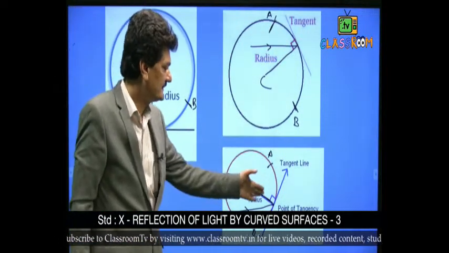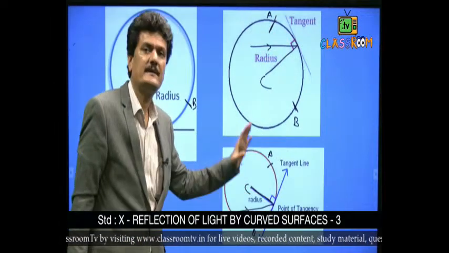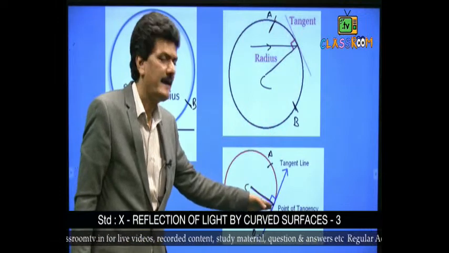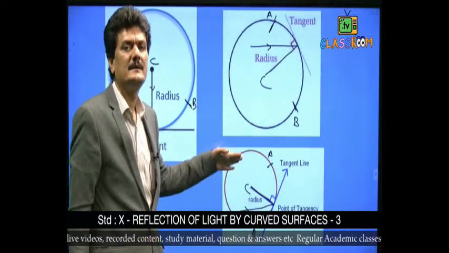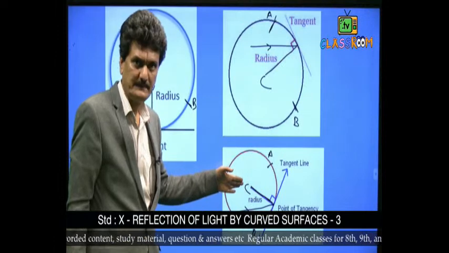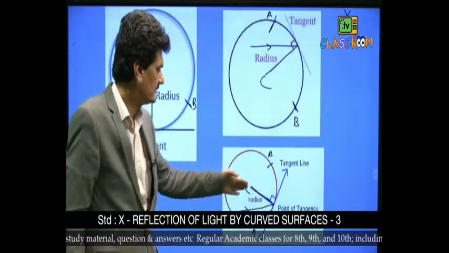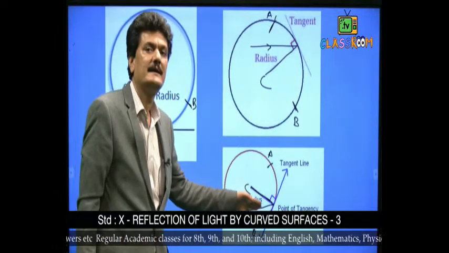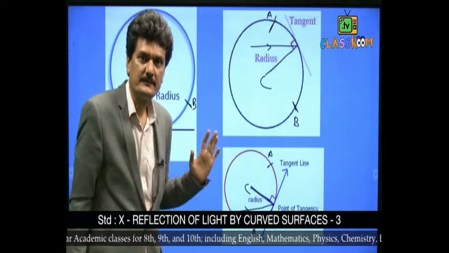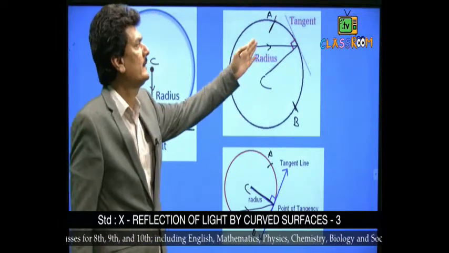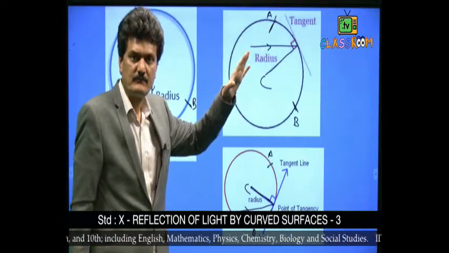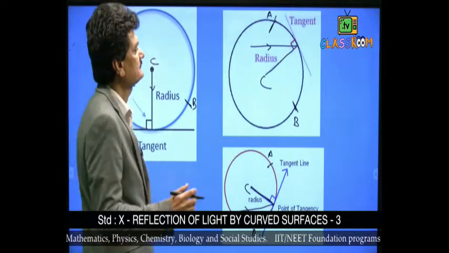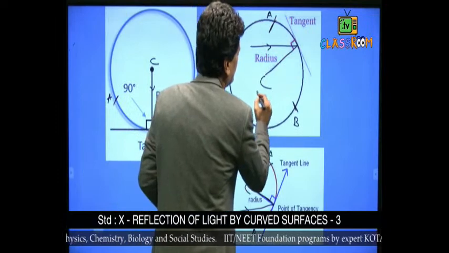So in all these cases, these are different points of incidence, different locations on the concave mirror, but one thing is common: at these points, if you draw a line passing through C, starting from the point of incidence, if you draw a line connecting the center of curvature, then that line will behave like a normal. So this can be applied to any point on the mirror. Wherever the ray is striking, from that point, let us say the incident ray is striking here.